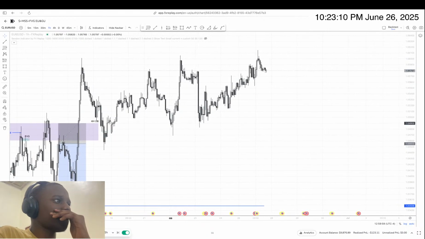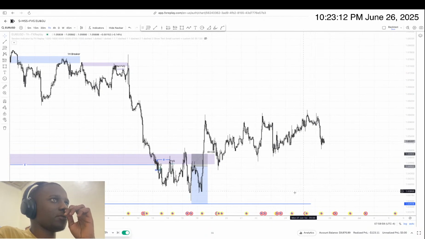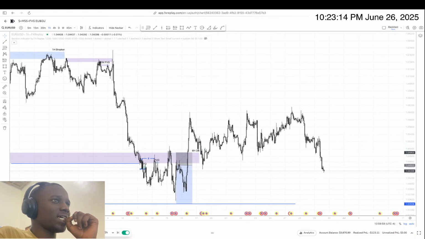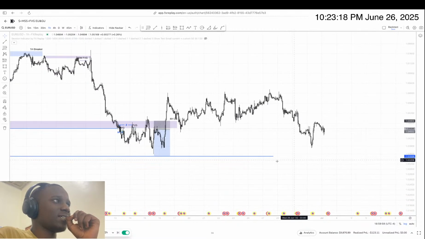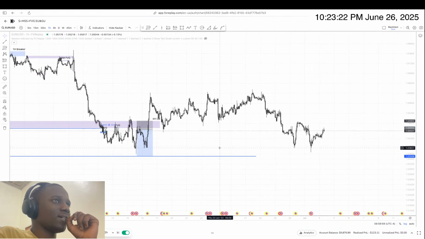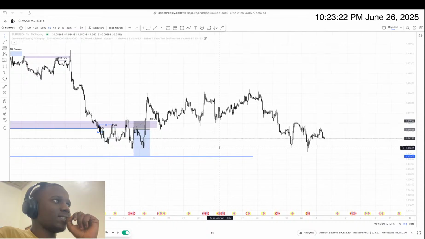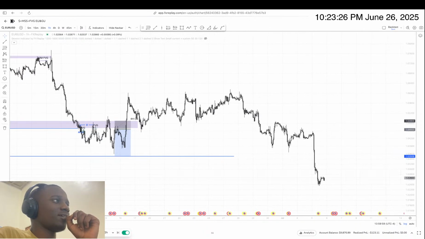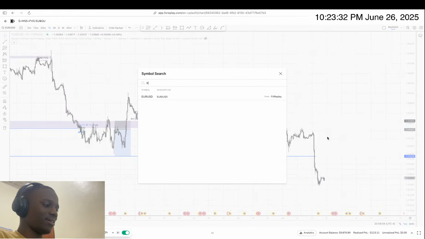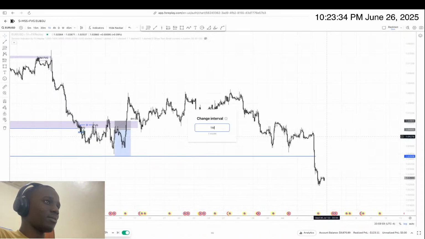So you don't take out that low. It's playing around it. It creates equal lows, takes them out, and it ends up taking out the low in the next month. But why? So how's the 1 month looking like?